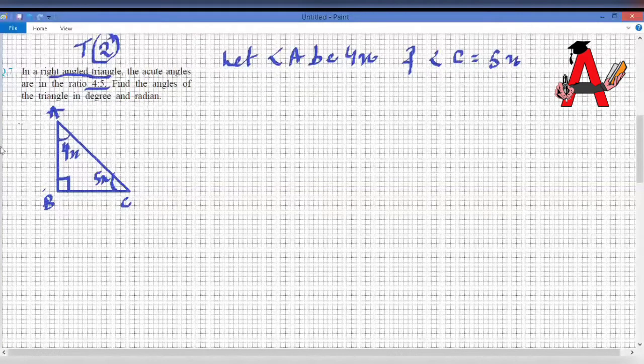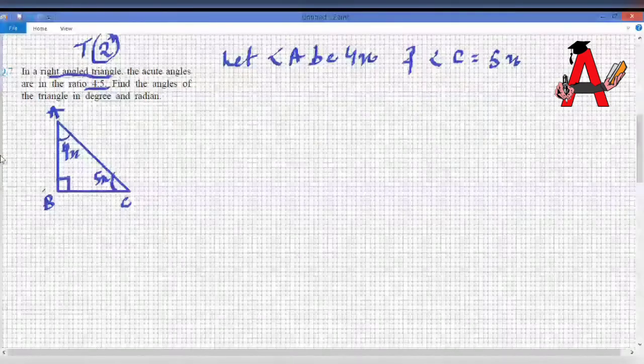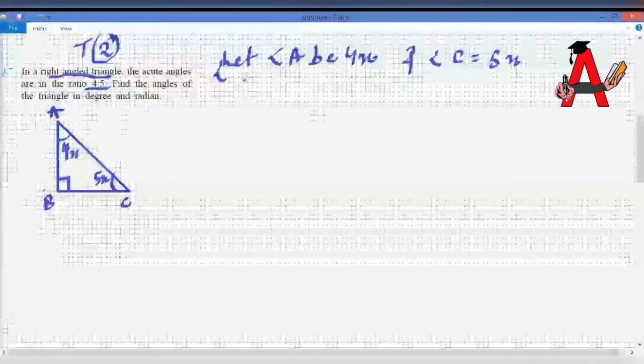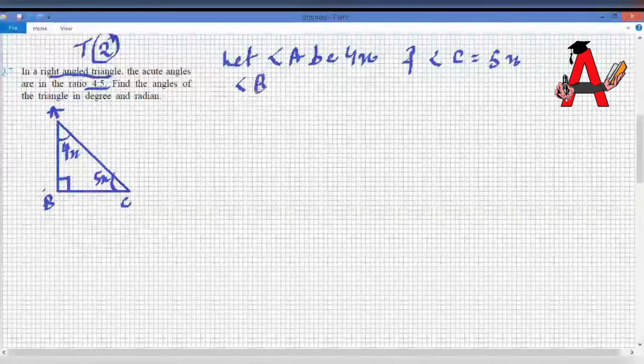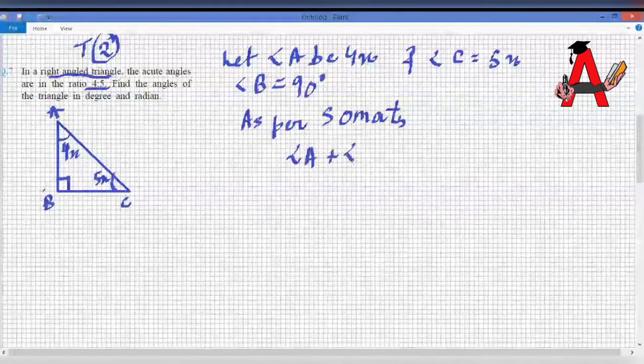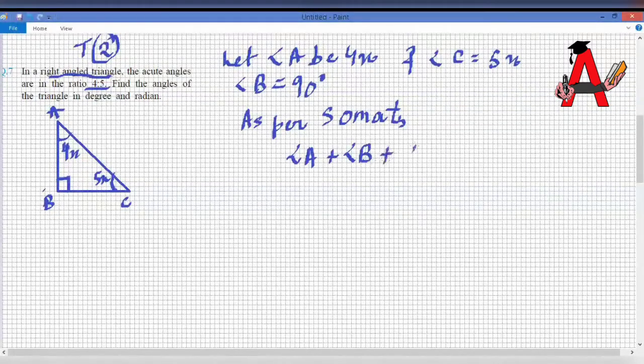Now what is given is a right angle triangle. So we have angle A which is 4x, angle C which is 5x. And we already know in a right angle triangle, the third angle will be 90 degrees. So we have angle B is equal to 90 degrees. This is already given. We know that as per the angle sum property, angle A plus angle B plus angle C is equal to 180 degrees.